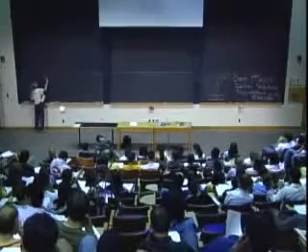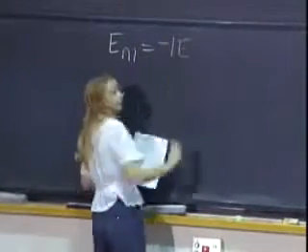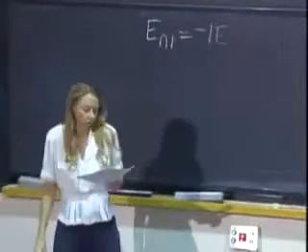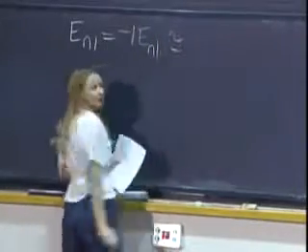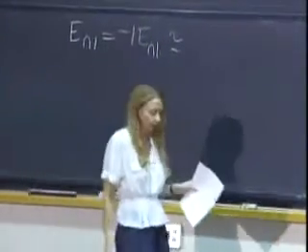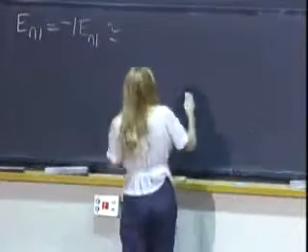Okay. So I said these energies, which are now a function of n and l, they're minus the ionization energy from that nl state. And I'm going to approximate that as a hydrogen atom kind of an energy scheme.